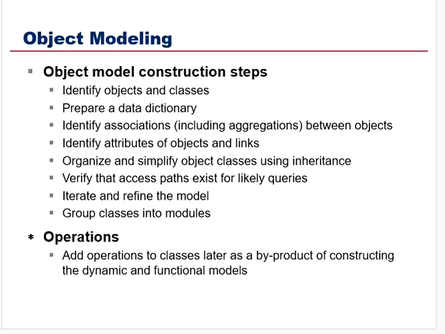After this, the sixth step is to verify that access paths exist for likely queries. If we have queries, we first have to verify the access path, so that there is no possibility of queries in this phase. The seventh step in the construction of the object model is to iterate and refine the models.